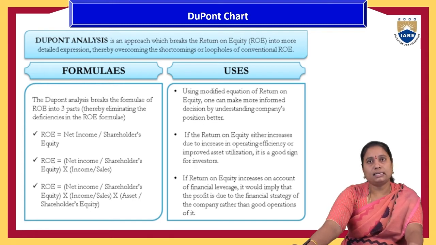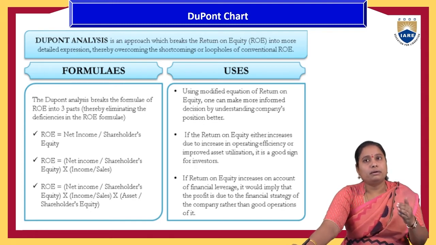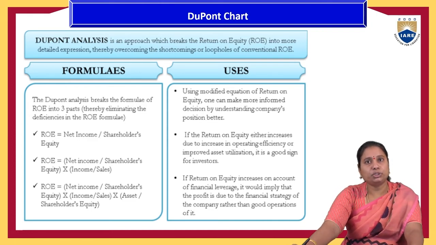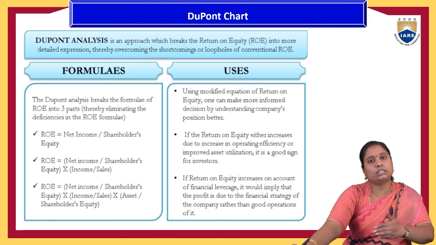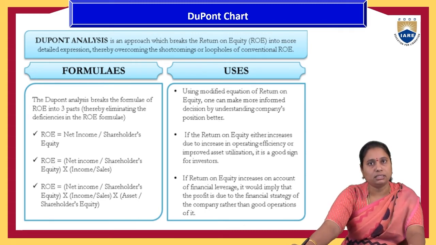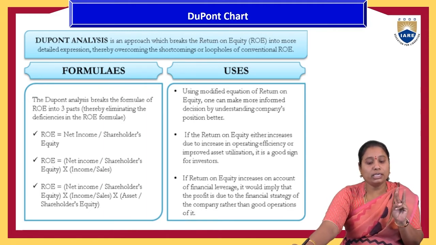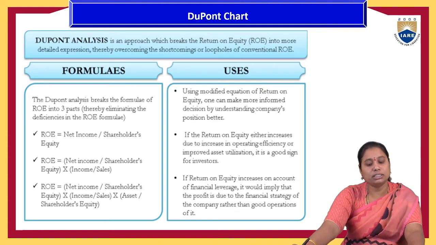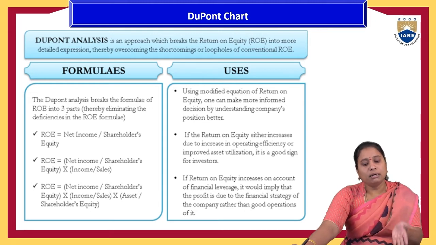DuPont analysis is an approach of finally indicating the return on equity position of the organization, with shortcomings or loopholes removed in the analysis. And its formula is calculated with the help of three types of elements. That is, ROE can be calculated as net income divided by shareholders equity, or net income divided by shareholders equity into income divided by sales.